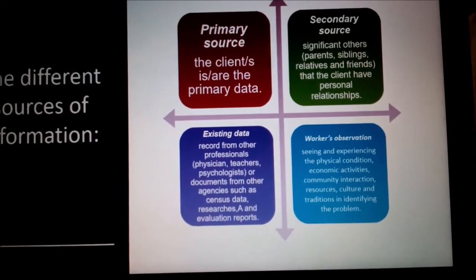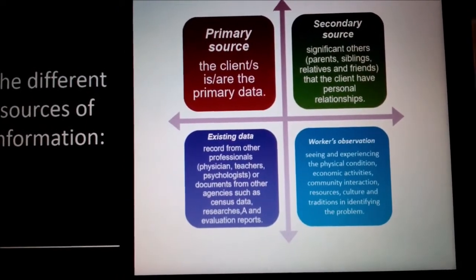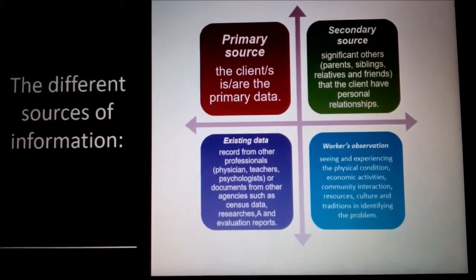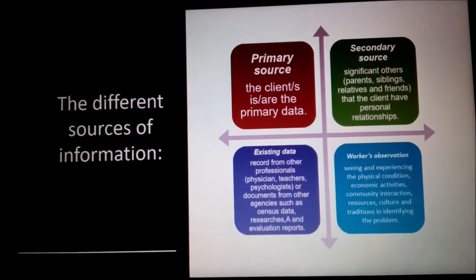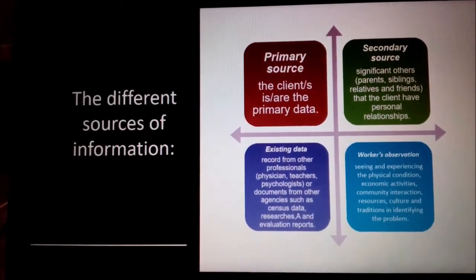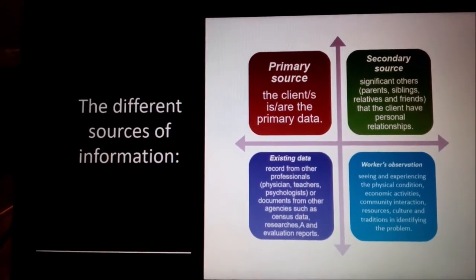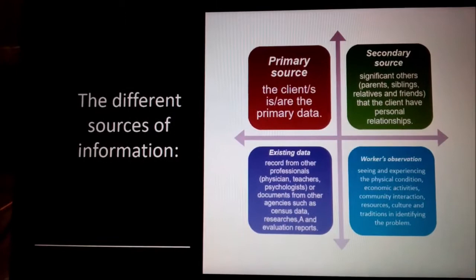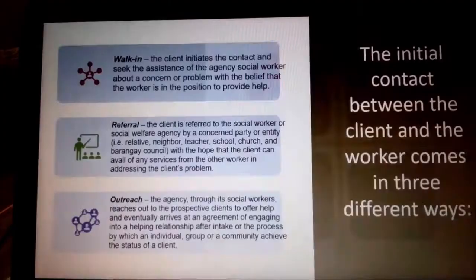It involves seeing and experiencing the physical condition, economic activities, community interaction, and resources. It involves the big society or the big surrounding of the client. So those are the 4 sources of information that the social worker needs to know for a client: the primary source, secondary source, existing data, and the worker's observation.